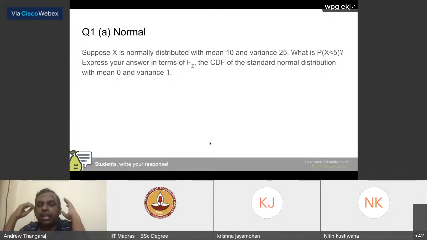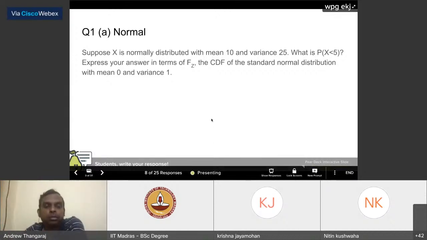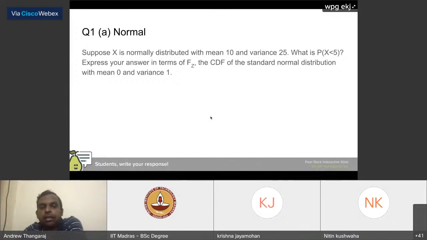Be careful with variance being sigma squared and not sigma. And the CDF formula I showed you for probability involves sigma. It's a common mistake that students make. Okay, so we wait for 3 or 4 responses and then I'll show you the answer.